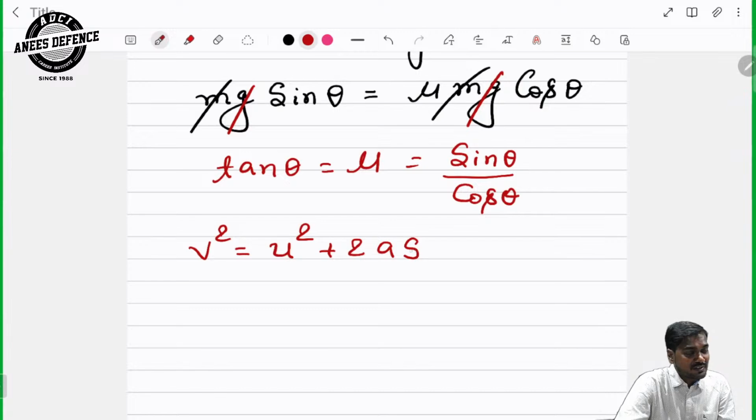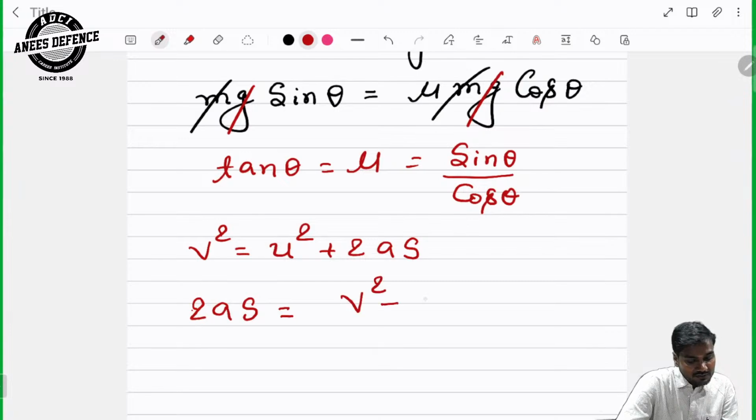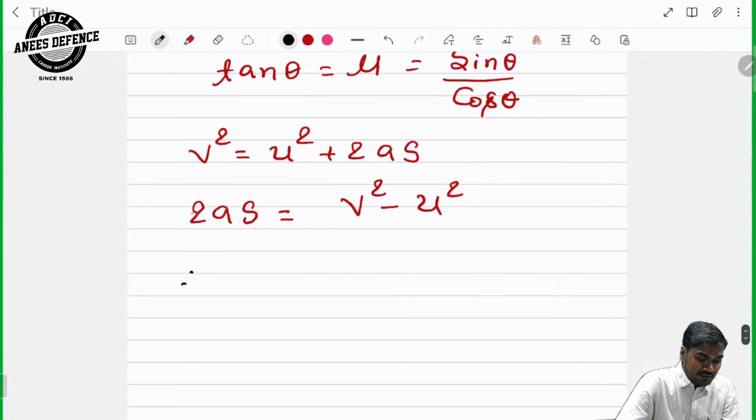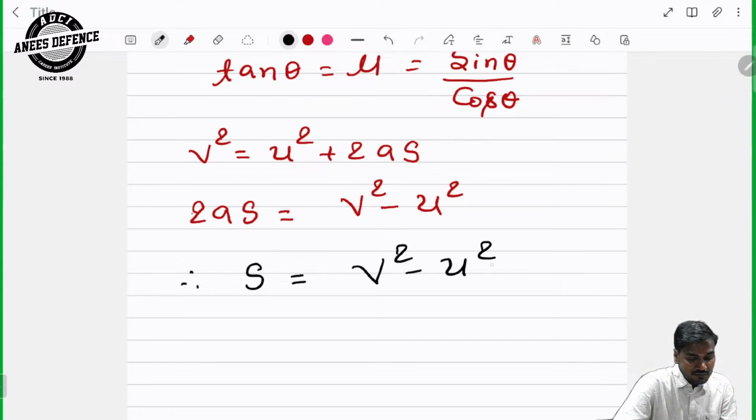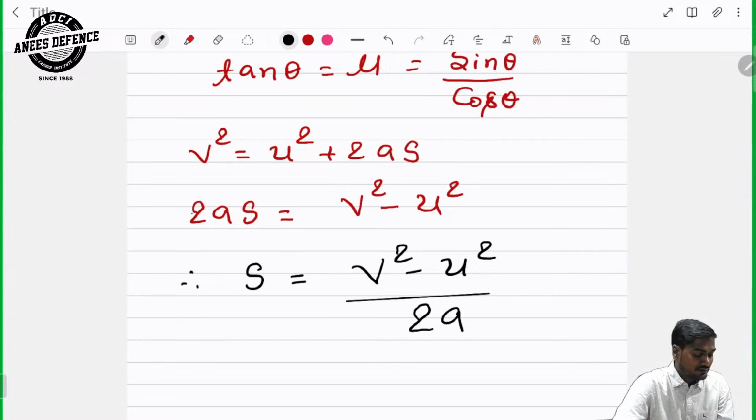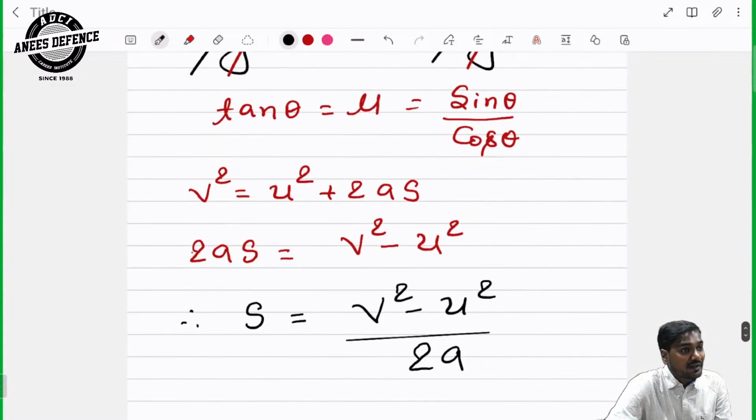You have to calculate displacement, so 2as is equal to v square minus u square, and displacement is equal to v square minus u square upon 2a.